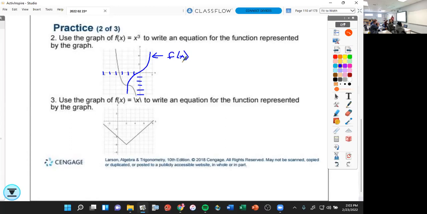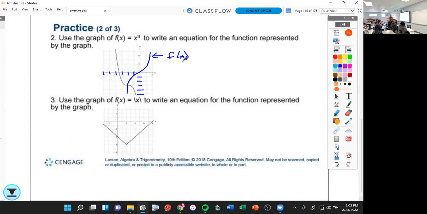There's a reflection going on, right? Now these are kind of odd here. It's an odd function, but anyway, because it's an odd function, I can see a person saying, well, it was flipped this way. It is, but I can also see a person saying it's flipped this way. Can you see both? Because it's an odd function.